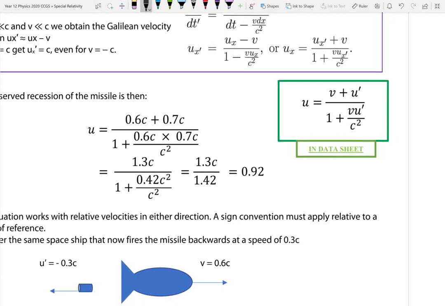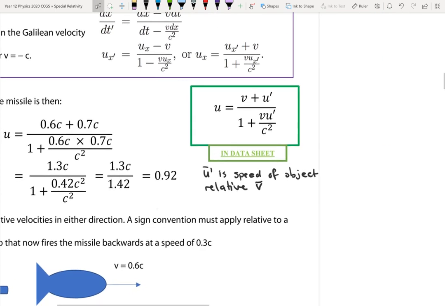U prime, just put underneath here, U prime is the speed of the object relative to V. So the easiest way to remember this is if you see a spaceship, you're seeing it with a speed V. U prime is the speed of the missile relative to the spaceship.